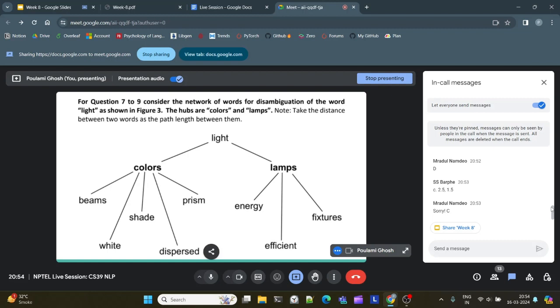If we add those values, 0.5 five times, we get 2.5. And three words are connected to lamps, therefore we get 1.5. Yeah, that's correct.